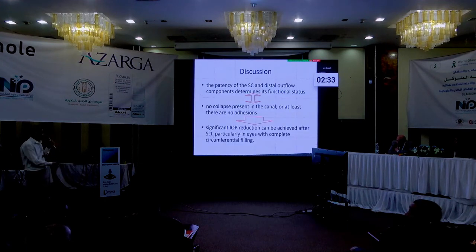In our study, we can assume that the patency of Schlemm's canal and distal outflow components determines its function.